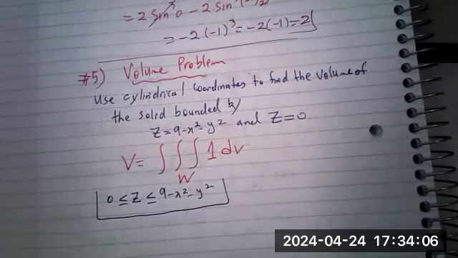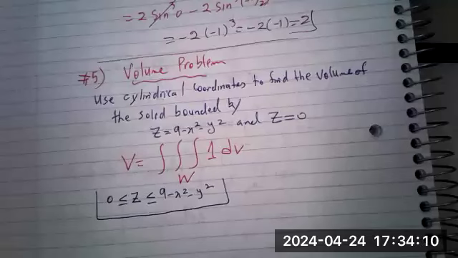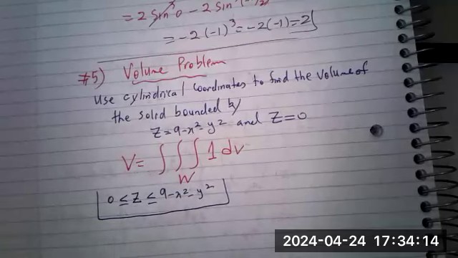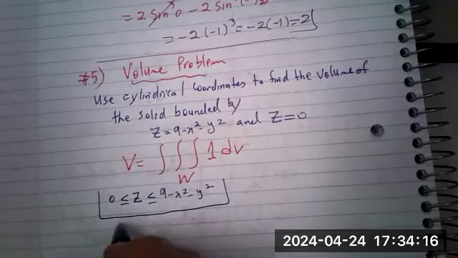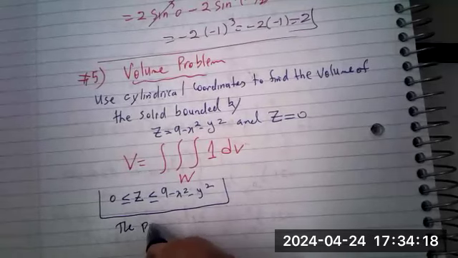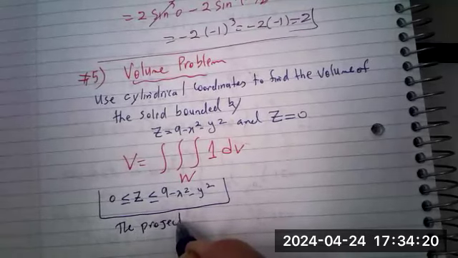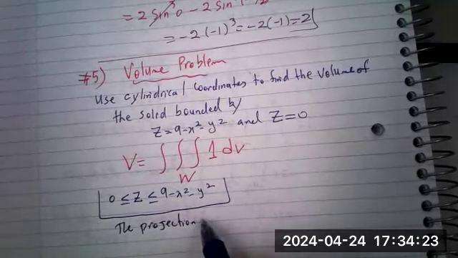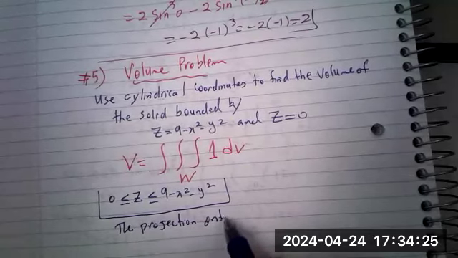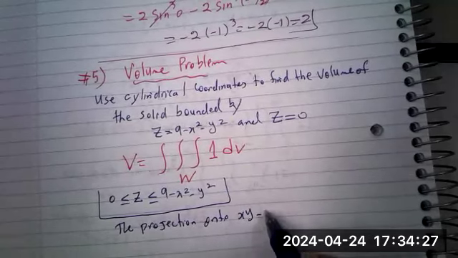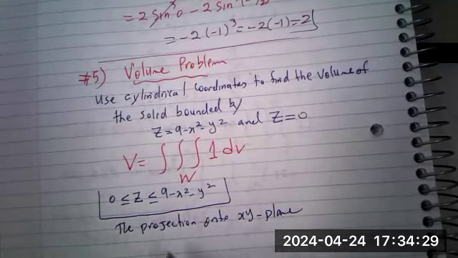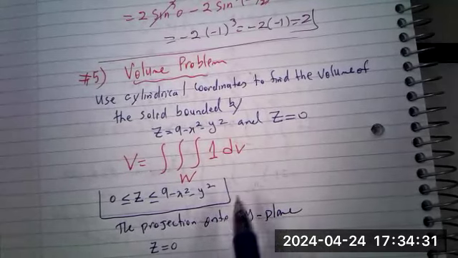Then in two dimensions, you have to see what you have and then change it to the polar form. You replace z by 0 to drop it down. So the projection onto the xy plane: you let z equal to 0, the intersection of these two.